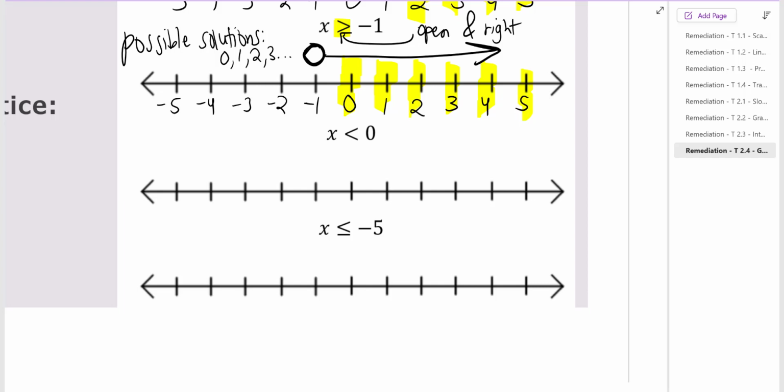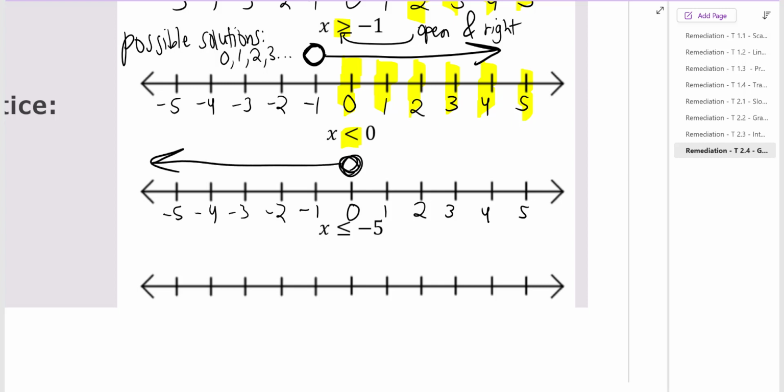Okay. Next one, 0, 1, 2, 3, 4, 5, -1, -2, -3, -4, -5. Okay, again, there's no line below the symbol, it's less than. So no hay línea bajo este símbolo, eso significa el punto está abierto. So you have an open point, the number 0, and it's in the direction of left.